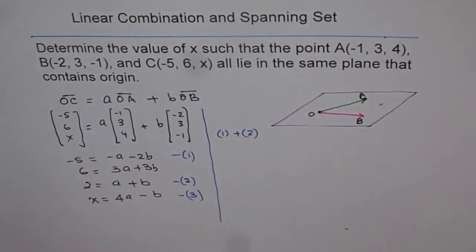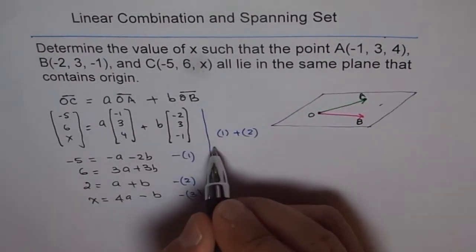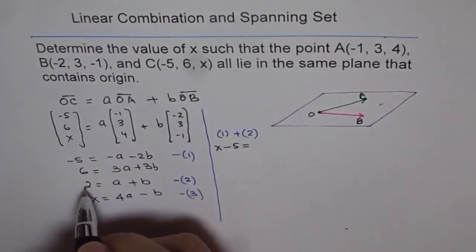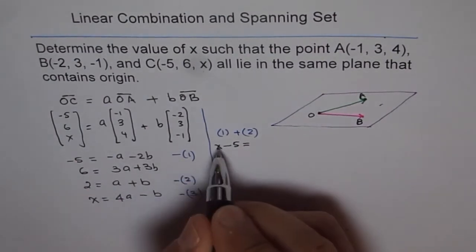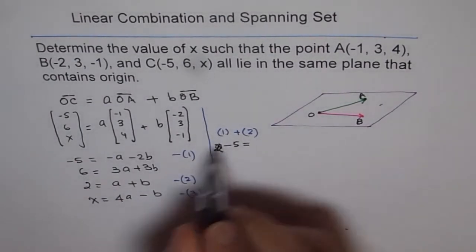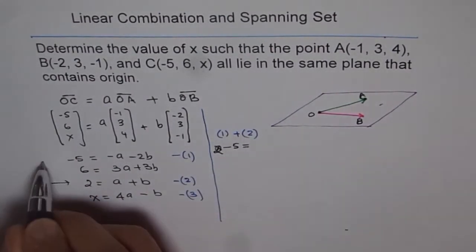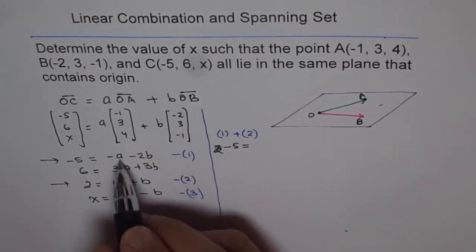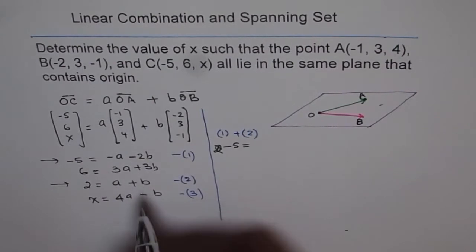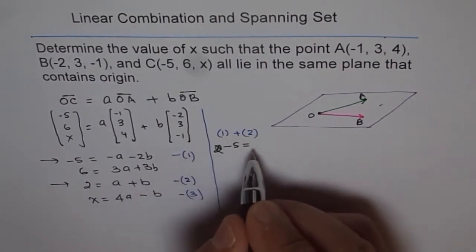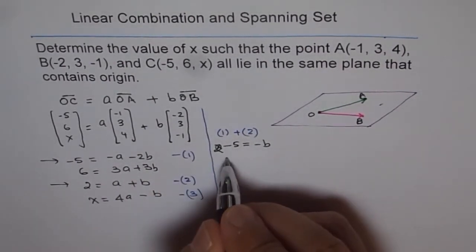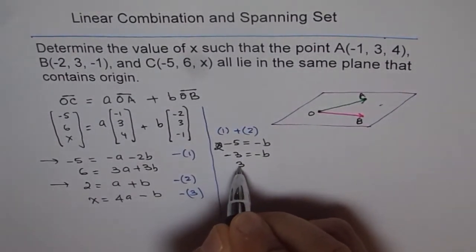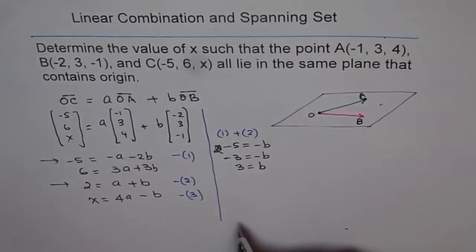So we get 2 minus 5 on the left, and on the right a minus a is 0, and we are left with minus b. So we get -3 equals -b, or b equals 3. So we get the value of b here.